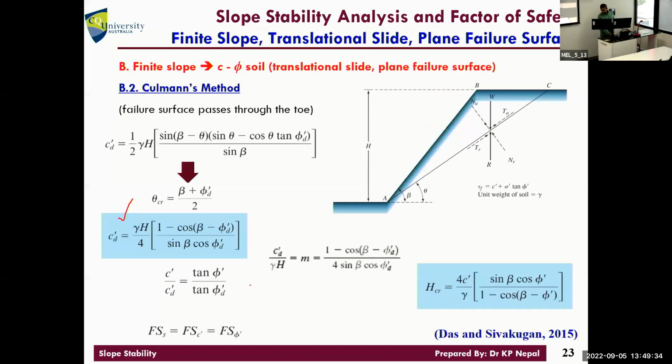You can use also that, I think they are the same. What we know already: beta we know, phi we know, C dash we know. So it's better to use these to calculate C developed.